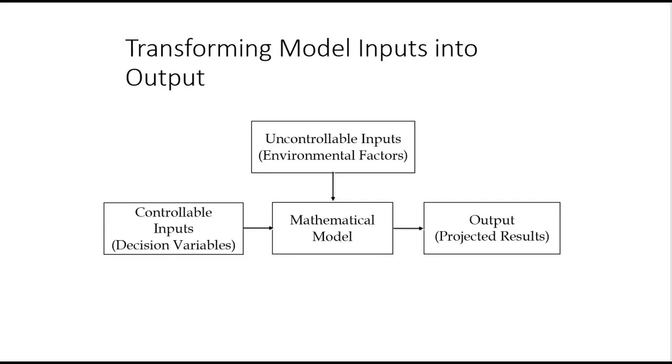So here's a simplified flow chart of what that looks like. I have this uncontrolled environment, and I want to have controllable decision variables or inputs, build my mathematical model, and predict my outputs. That is it in a nutshell.